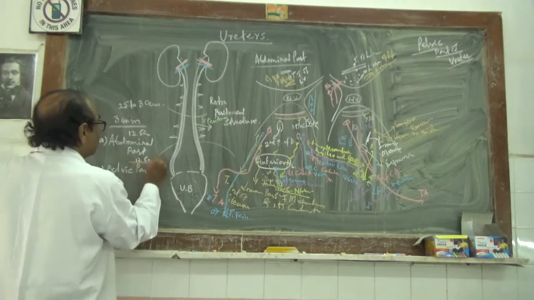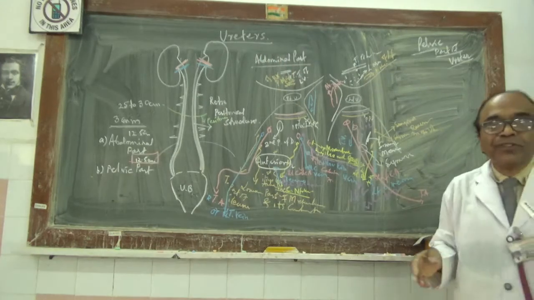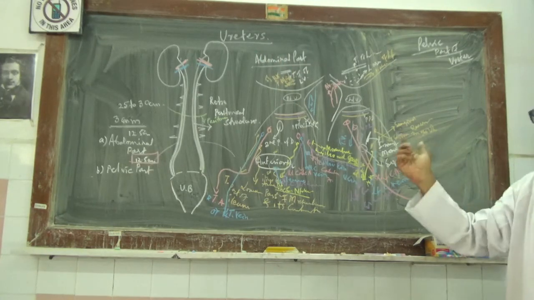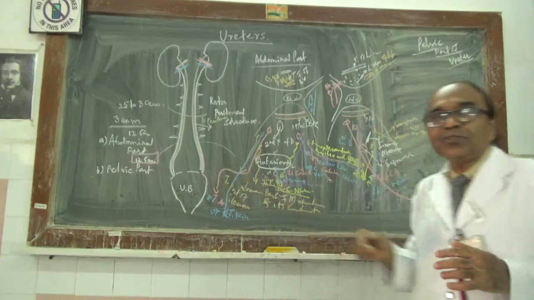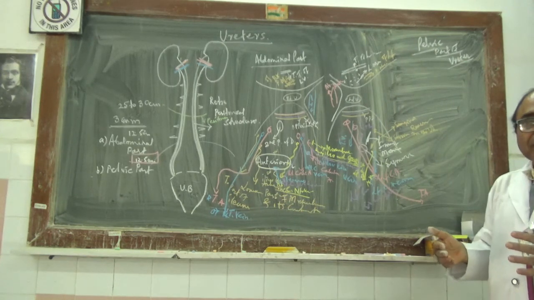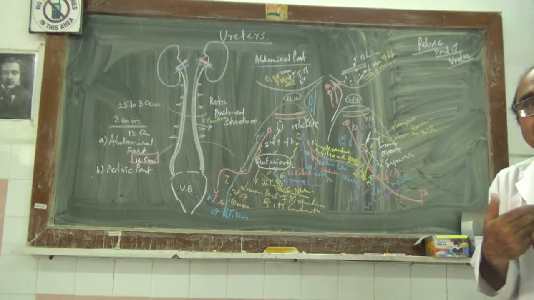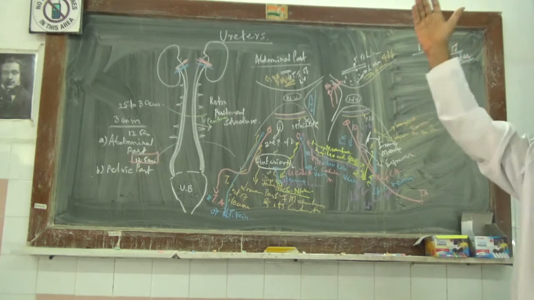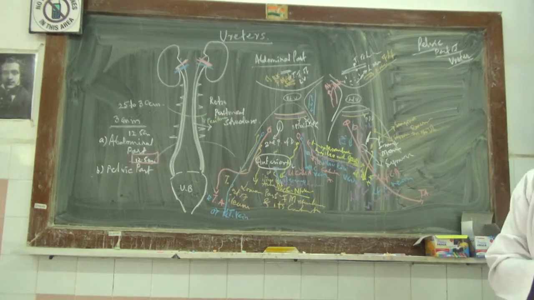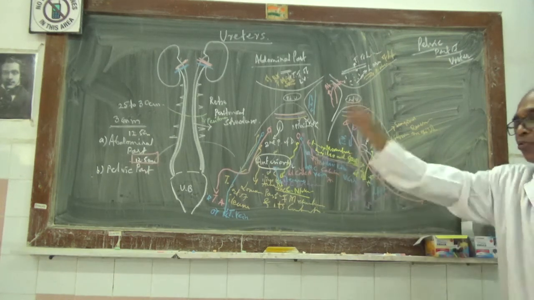The length of the pelvic part of the ureter is once again 12.5 centimeters, from the brim of the pelvis to the termination into the urinary bladder, where it allows the urine taken from the abdominal part to leave into the urinary bladder, which is said to be a reservoir of the urine.